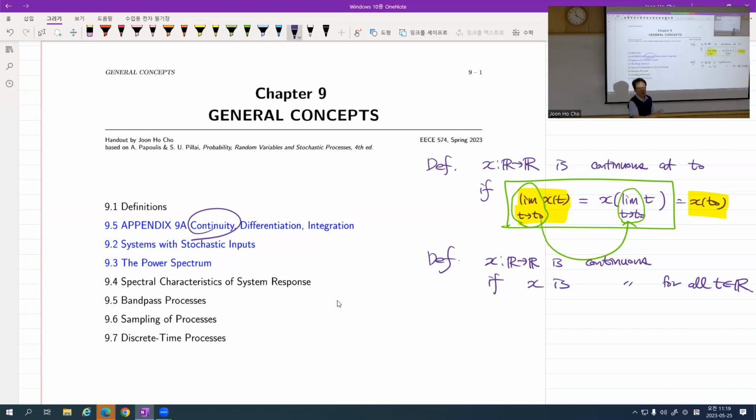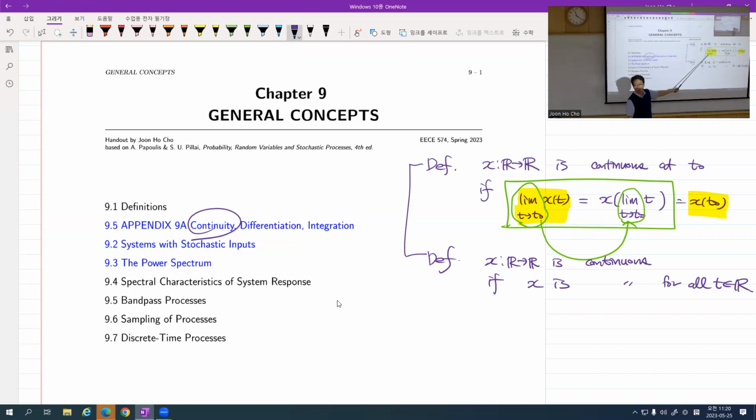And then you just extend that idea for every t, usually in the domain. But if you extend that for every t, then the function is continuous at every real number t. Got it? Of course, you can restrict the domain to an interval and talk about continuity. Got it? The problem is that we haven't defined what this limit means in our high school.